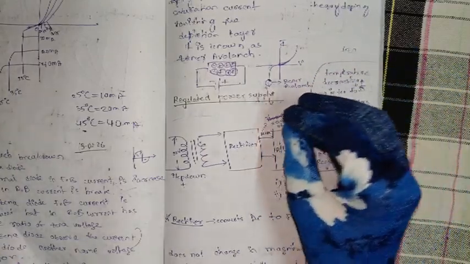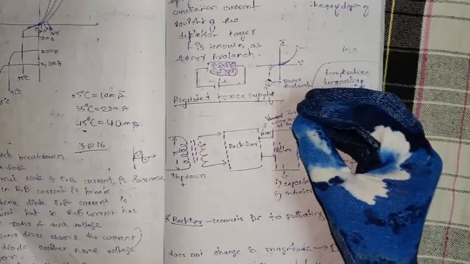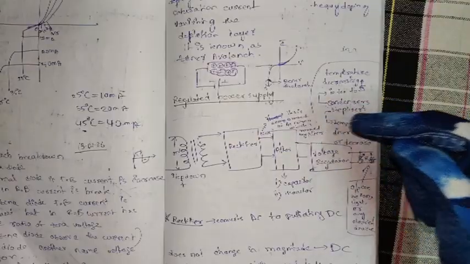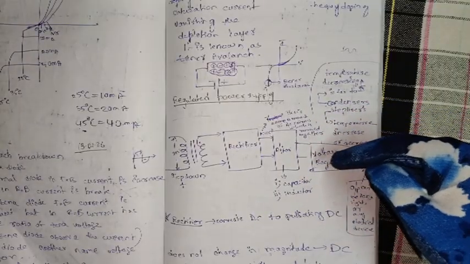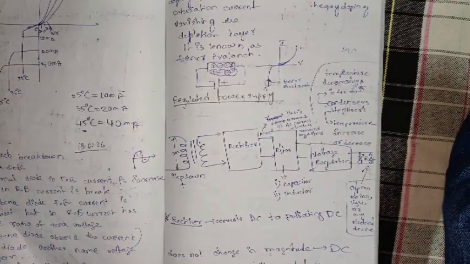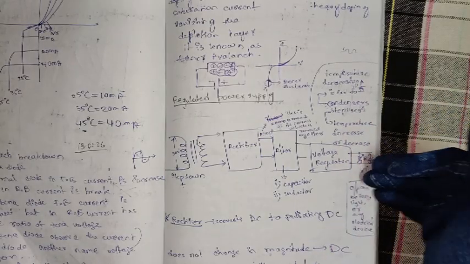To remove some amount of the AC component from the output, we use a filter. Then we use a voltage regulator, which is used to control voltage spikes, meaning ups and downs of voltage, and then we give it to the output.